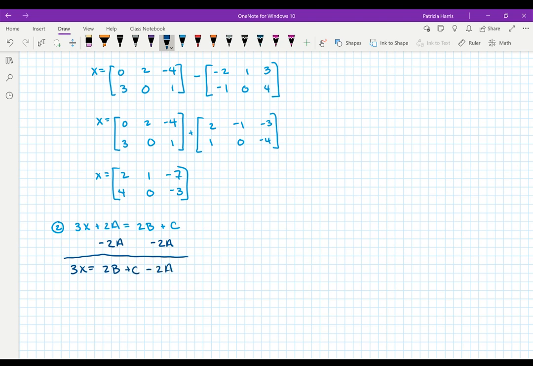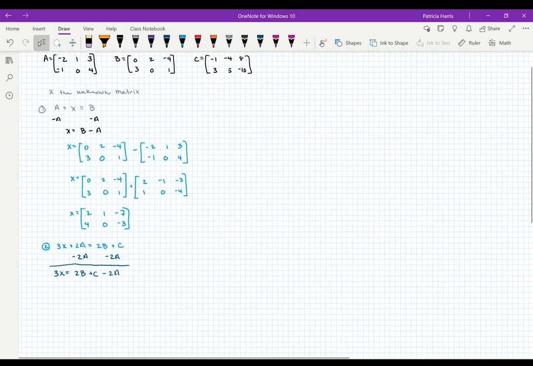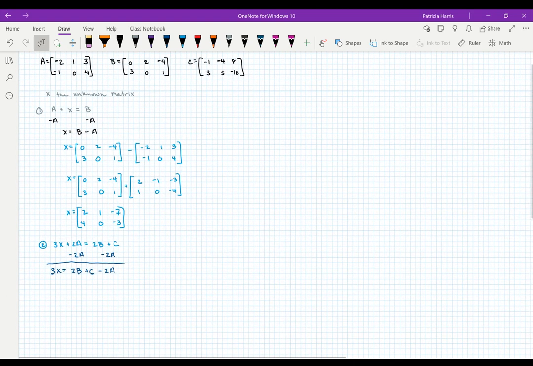So now what I'm going to do is I'm going to go back and I'm going to substitute. So I'm going to kind of shrink my screen here so I can see. So 3x, 2, 0, 2, -4. Okay, so there's 2b plus c.